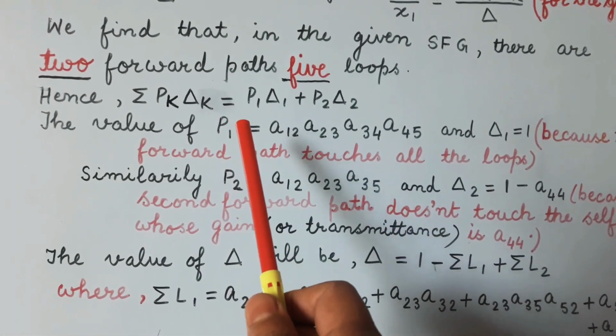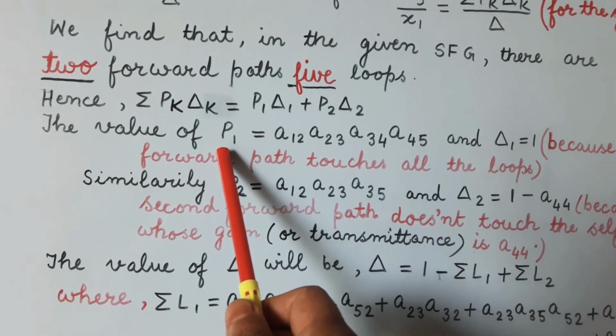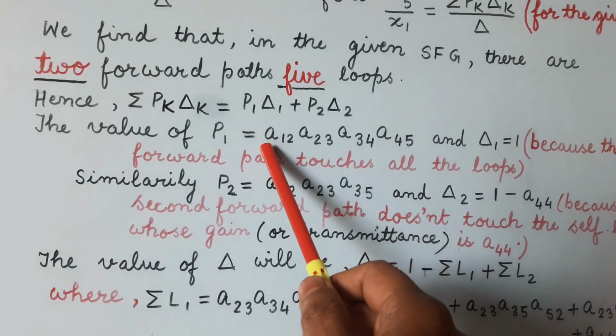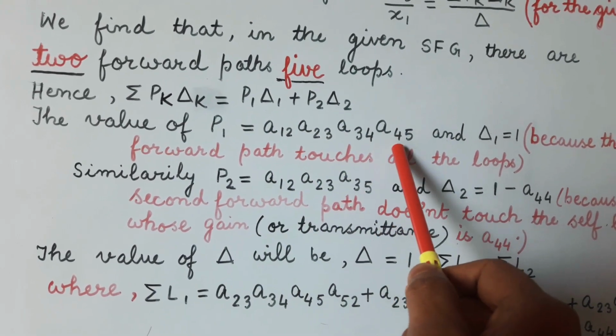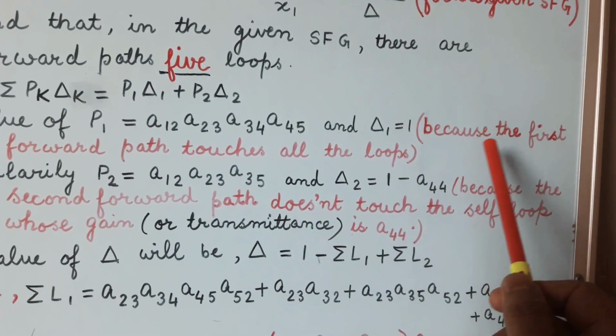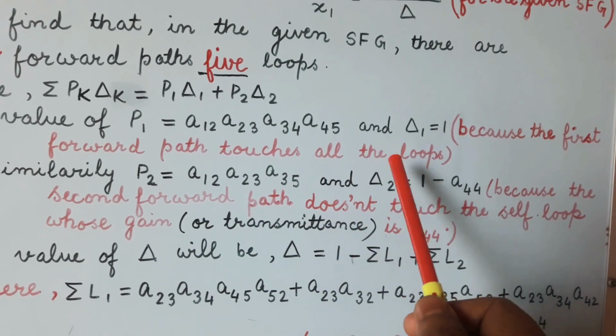The value of P1 will be equal to the gain of the first forward path, that will be equal to A12, A23, A34 and A45, and the value of delta 1 will be equal to 1 because the first forward path touches all the 5 loops.